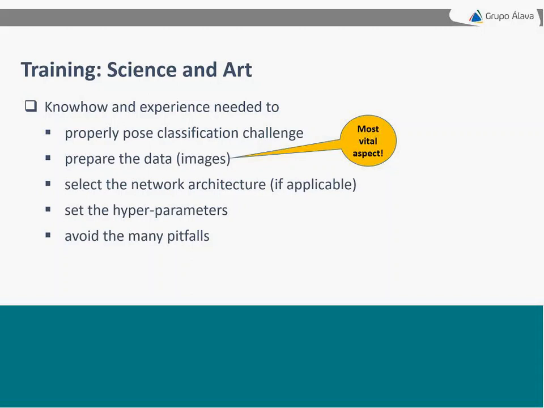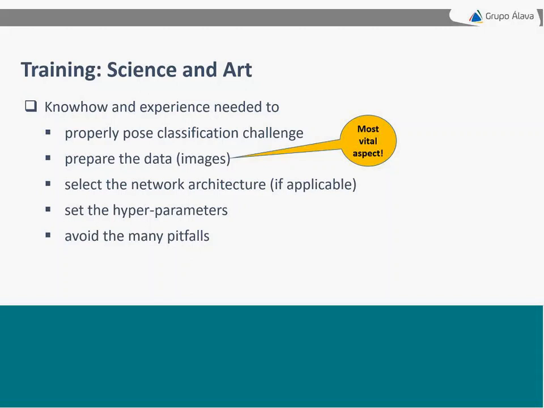We always need to discriminate what we need to have. Then the most vital aspect, as you see in the slide, is to prepare the data, to get all the images and know which features we know about them. In the next part, I'm going to extend on this.